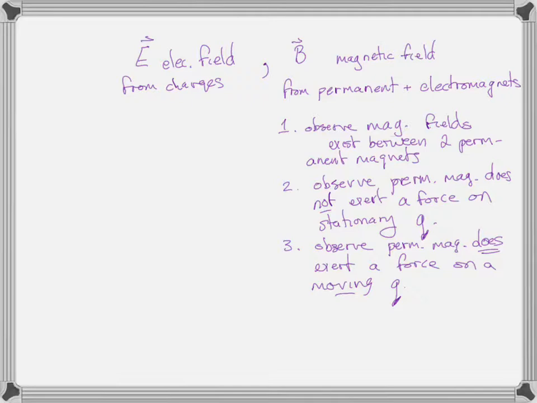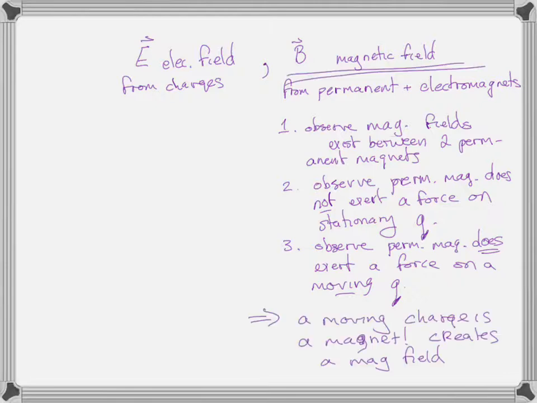Observation number two is that magnets don't exert forces on stationary charges. Observation number three is that magnets exert forces on moving charges. So therefore, by observation number one, a moving charge must be a magnet. A moving charge creates a magnetic field. So that is an amazing, sort of cool observation. Moving charges are magnets.